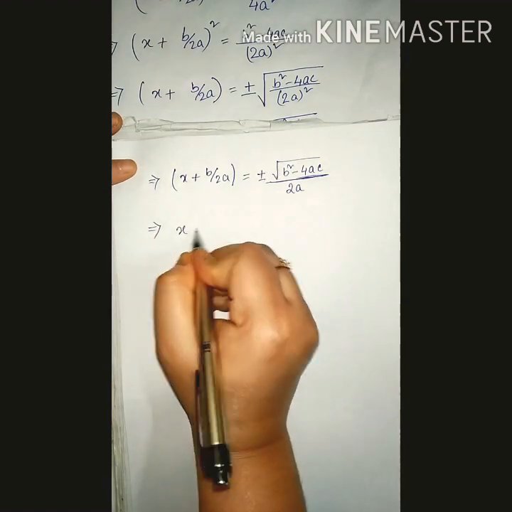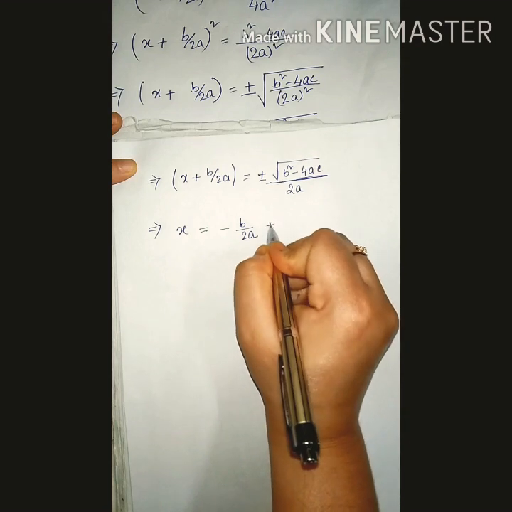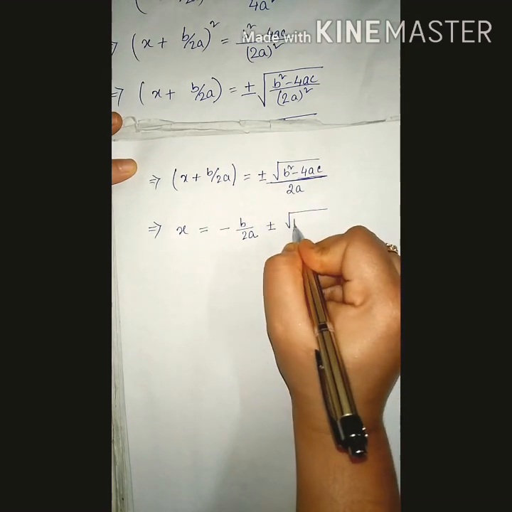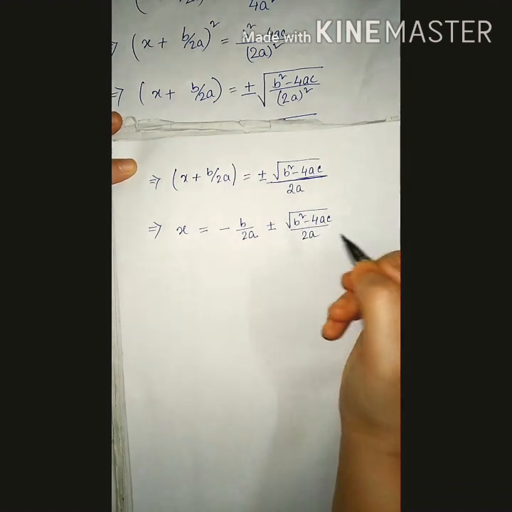Then x will be equal to minus b by twice a plus minus root over of b square minus 4AC divided by twice a.